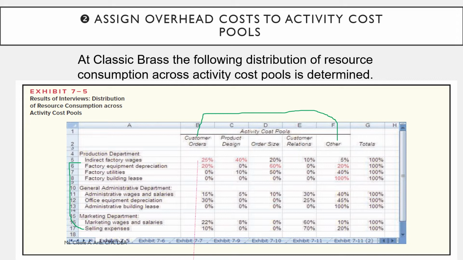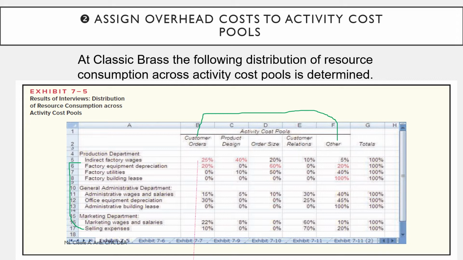First stage allocations are usually based on the results of interviews with employees who have first-hand knowledge of the activities. So for example, kung balikan natin yung previous slide, yung slide doon sa 7-4, Classic Brass needs to allocate 500,000 of indirect factory wages to its 5 activity cost pools.